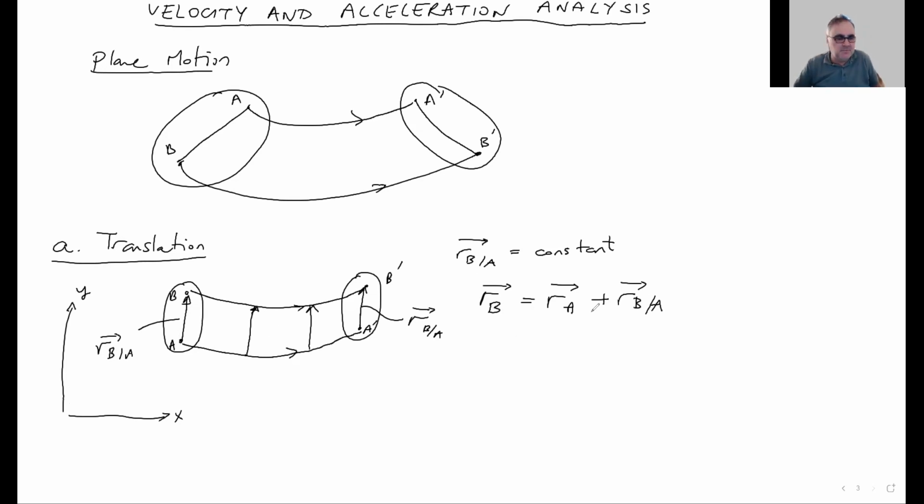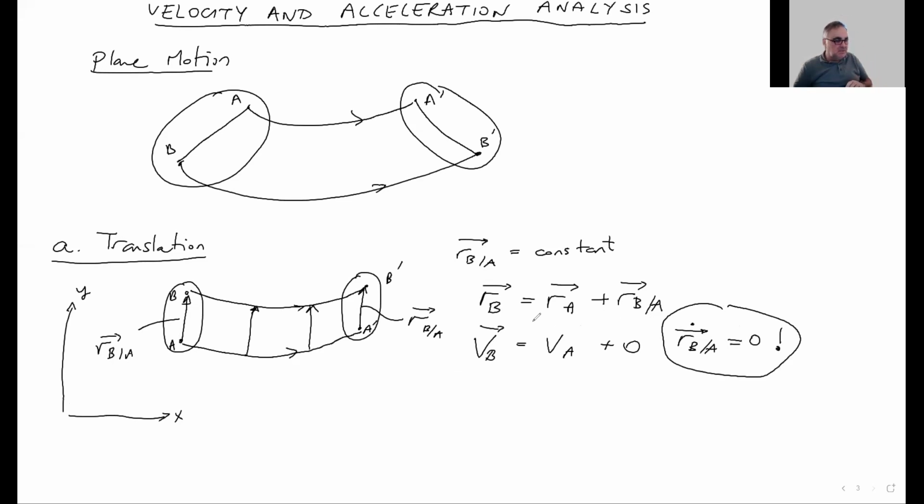You can write the following. Well, if you take the derivative, RB relative to A as a vector is constant. So you have VB is equal to VA plus nothing, 0. Okay? Because RB relative to A, the derivative is 0. This is important. Since the vector is a constant, its vector derivative is 0.